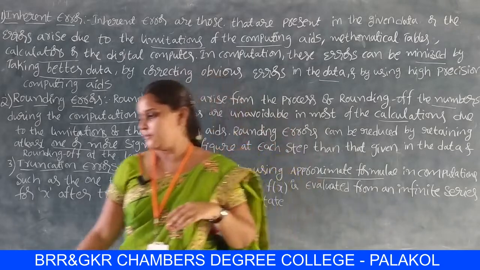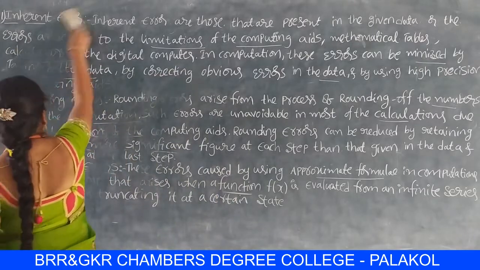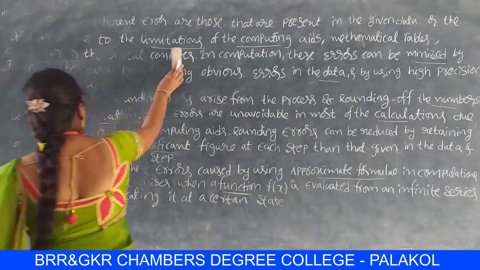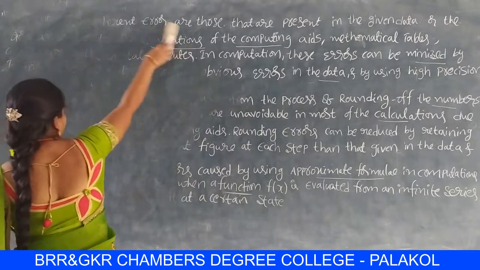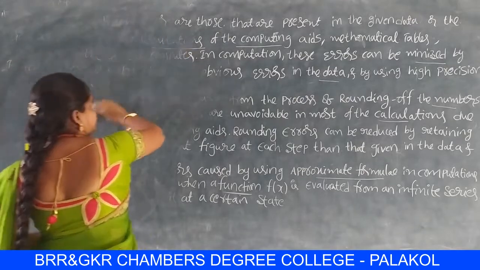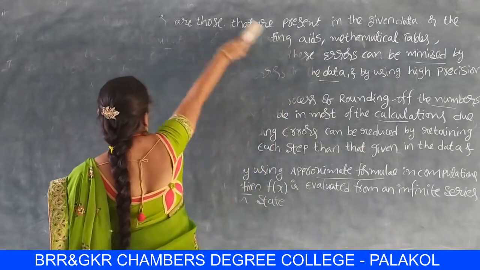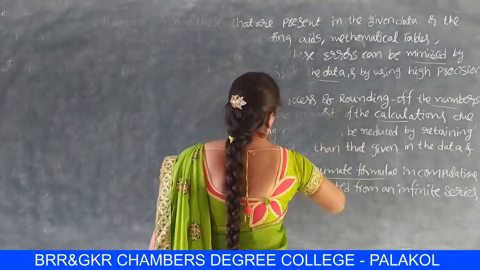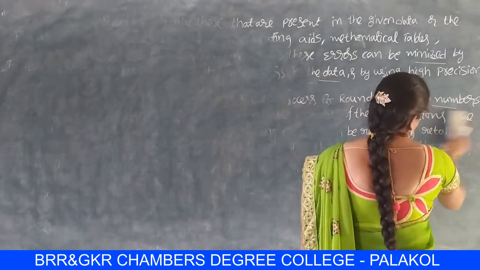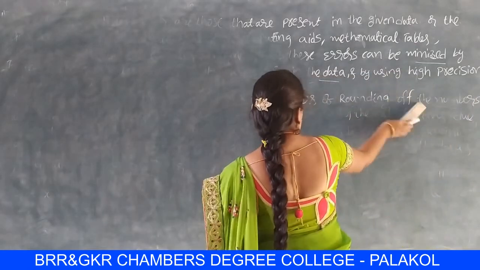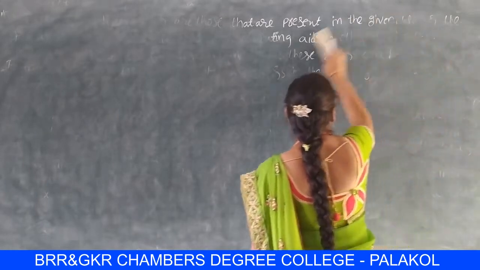For example, the Taylor series is one of the best examples of truncating error.